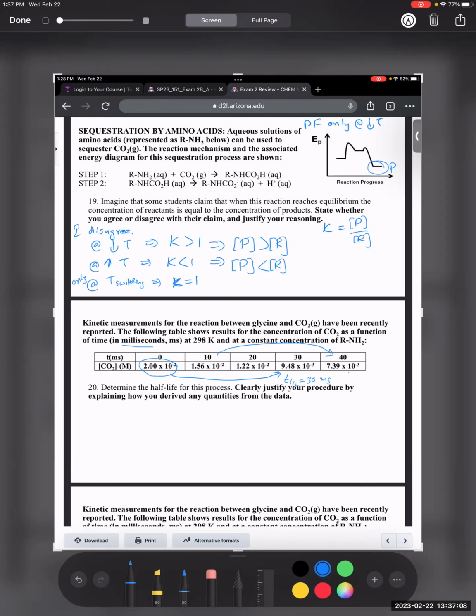Then in my list 4, I'm going to have 1 over the concentration of CO2, which is equal to 1 divided by that. All right, now I have all the values. Now I'm going to plot concentration versus time first.